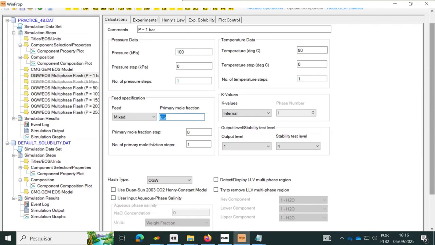I will take this opportunity to point out that you have other models available in Prop, like the Duan-Sun model. This model is very famous for CO2 applications. It's not applicable for hydrogen, but it's very predictive for CO2.